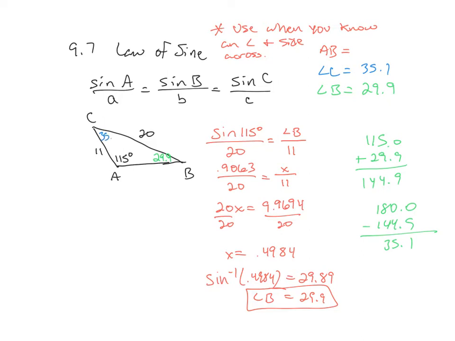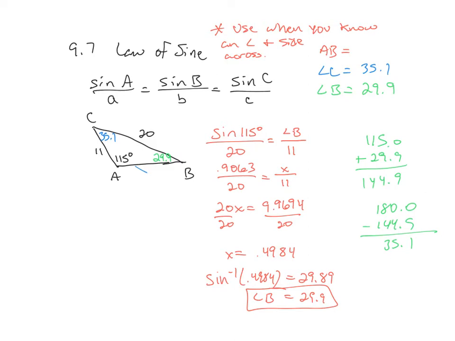So that part should be simple. All right, so now I still need to figure out AB. And so I have to do law of sines again, except now I need to use this 35.1 because that's the angle that goes with the side down there.